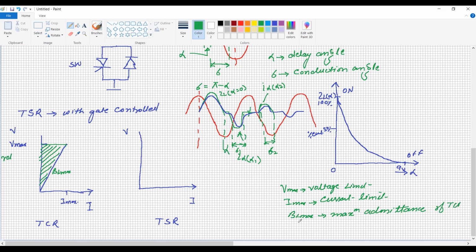Okay, and BL is the admittance of reactor.